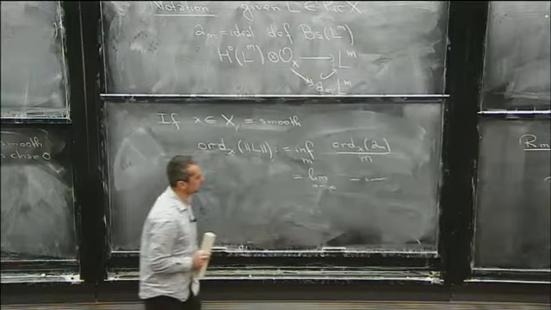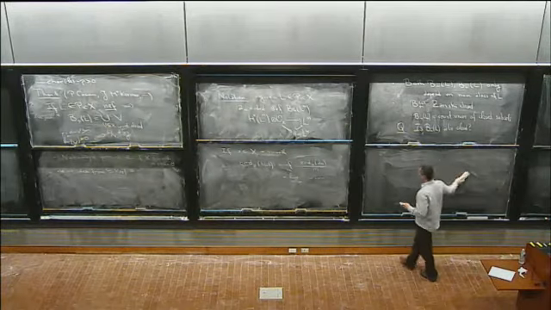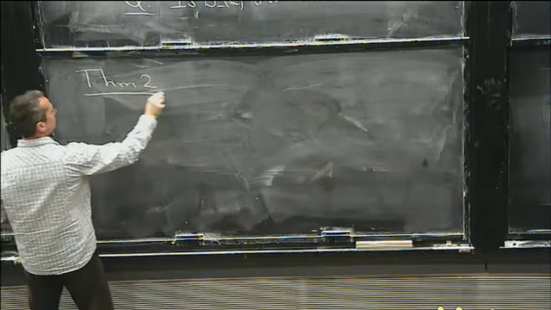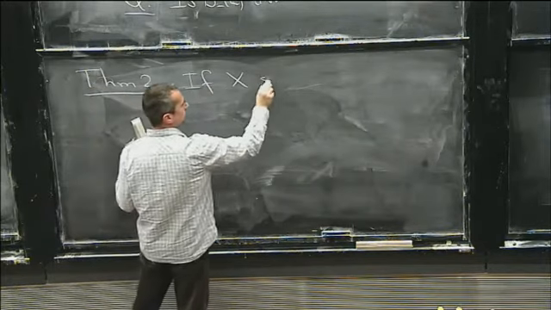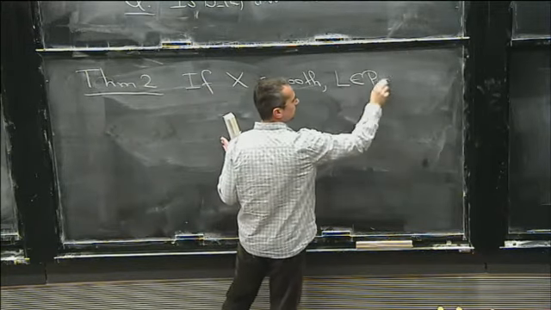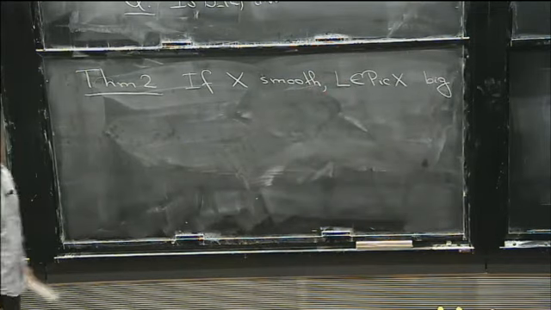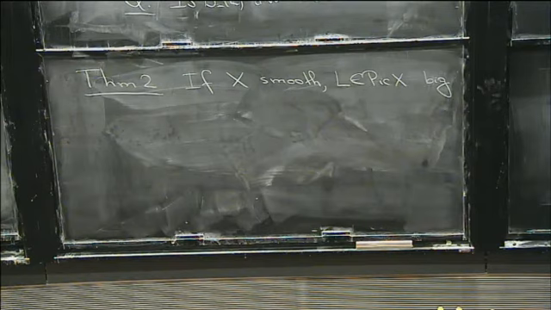All right, so now let me state the second theorem. Theorem 2. This says that if X is smooth, and let's say L, a line bundle on X, is big. What big means is that some multiple gives a map that has the same dimension, that is generically finite over its image.